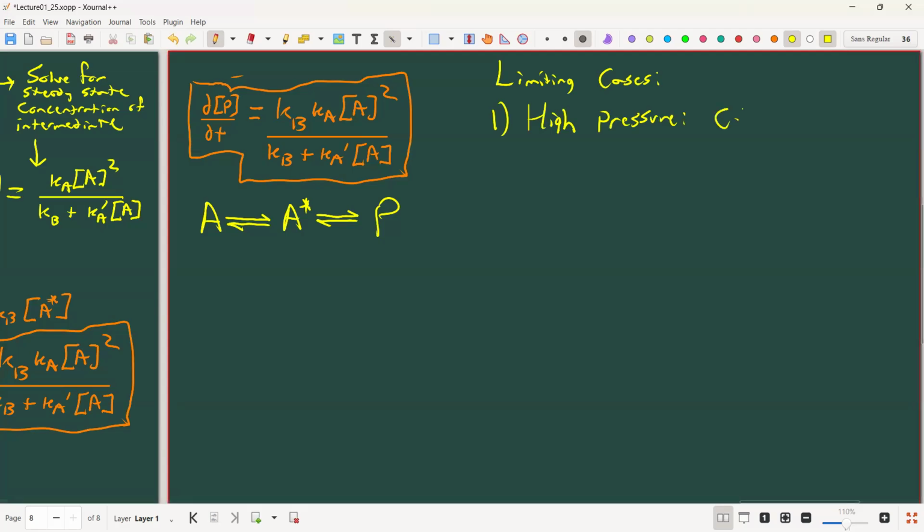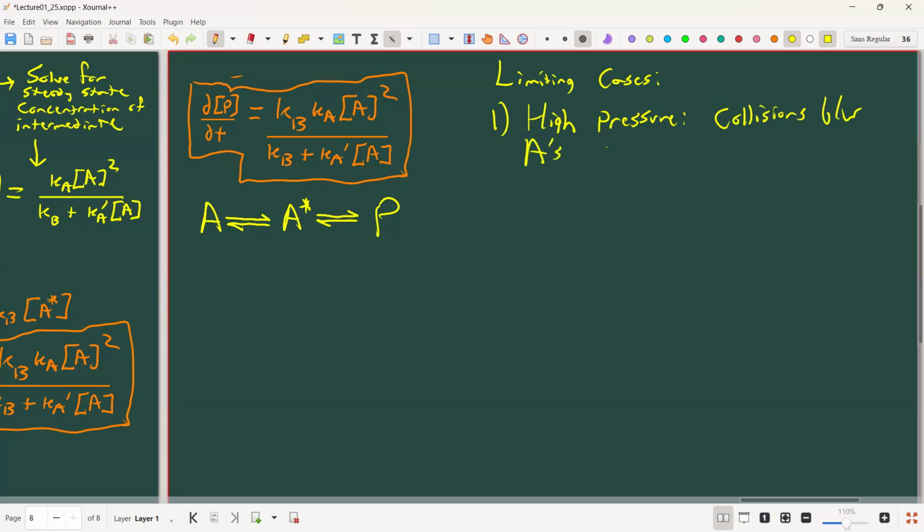Okay, so this means that collisions between A's occur frequently. Collisions are occurring constantly.